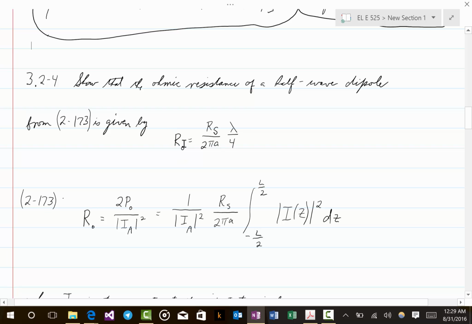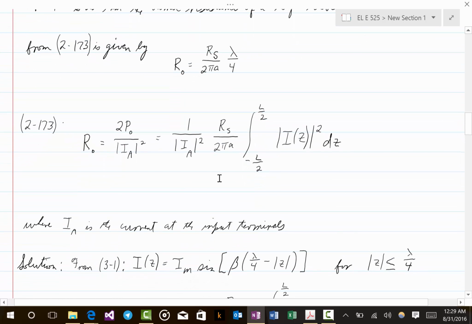R naught, that's the ohmic resistance, is equal to Rs, the surface resistance, divided by 2 pi a, where a here is the radius of the antenna, times lambda over 4, where lambda is the wavelength at which the antenna is being operated.